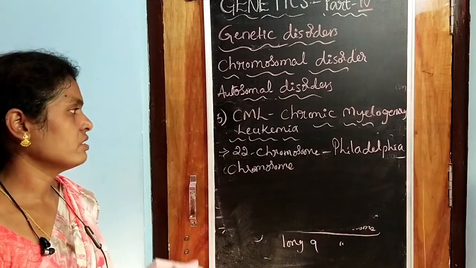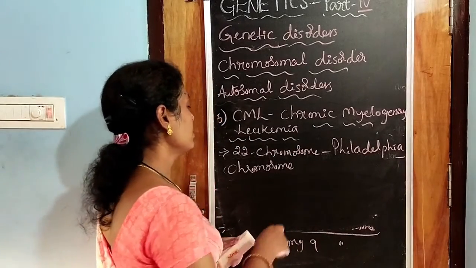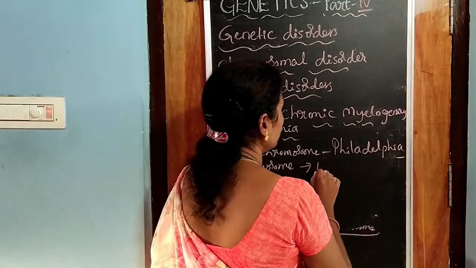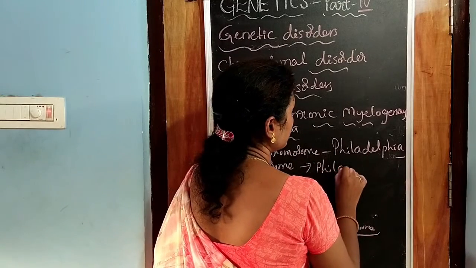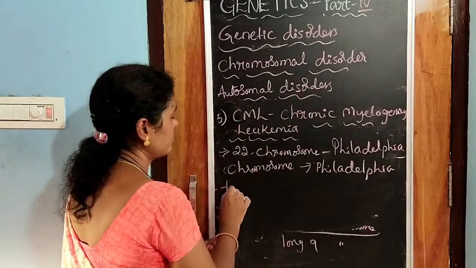By the translocation of the 9th and 22nd chromosomes. They switch places with each other. So that is why it is called the Philadelphia translocation.